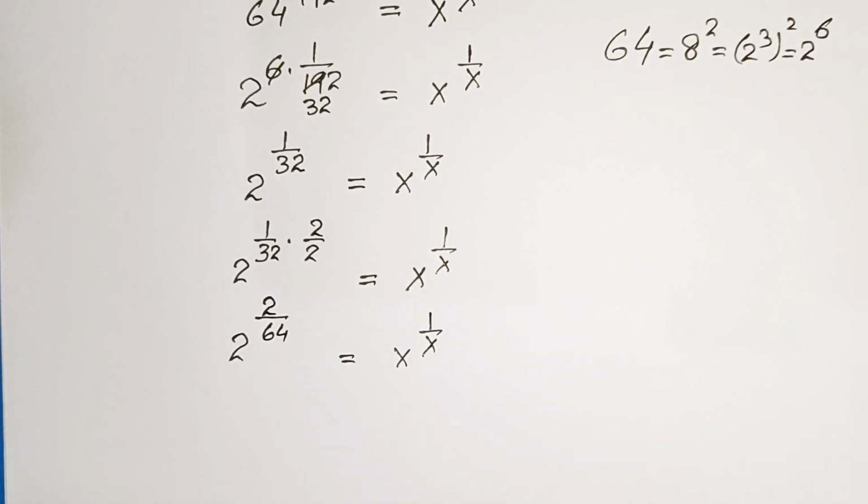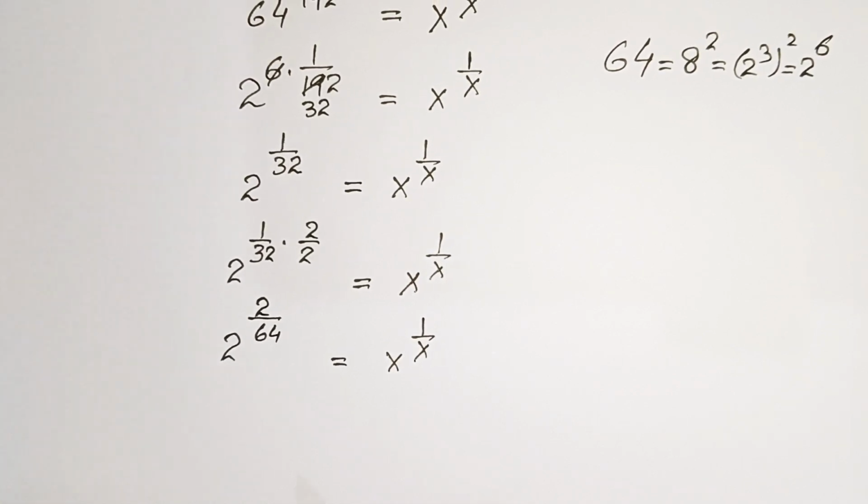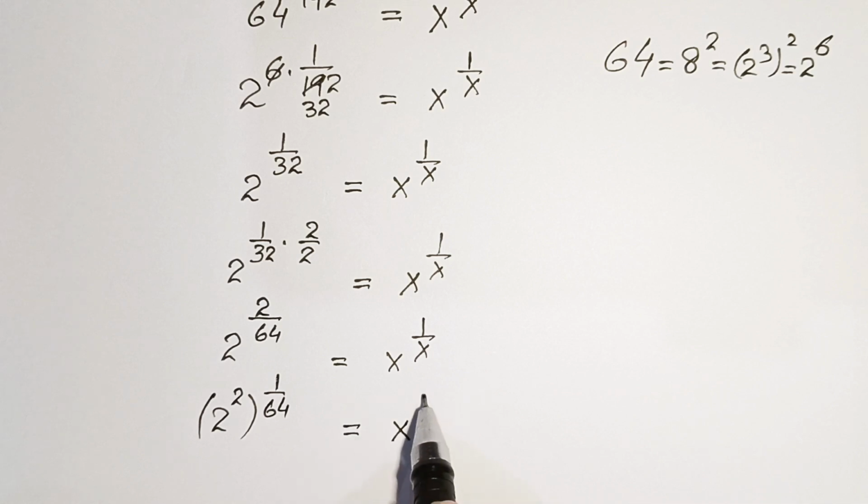Now this 2 over 64 can be written as 2 squared whole to the power 1 over 64, so there is no difference, and this is equal to x to the power 1 over x.